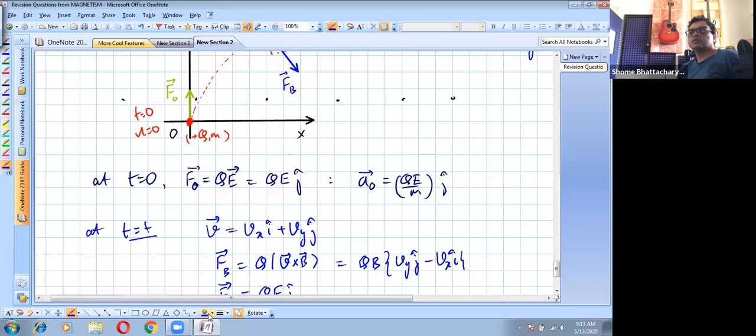So you can see that i cross k is minus j, so that's minus j here, and j cross k is plus i, so that's right. So I think that should be correct now.